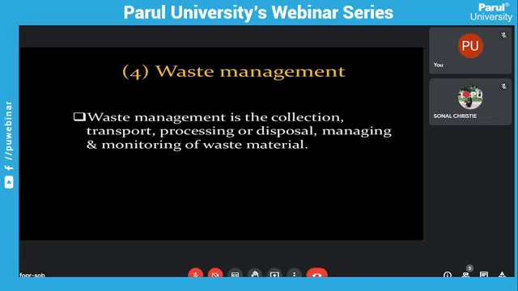So in waste management, the first step is collection of that waste from all the departments. Then proper disposal, and management and monitoring of waste material, are included in waste management.